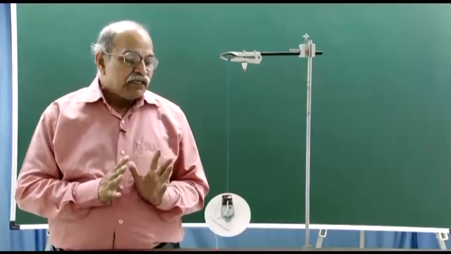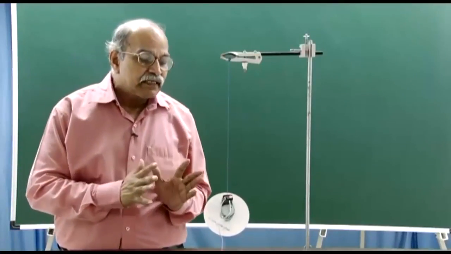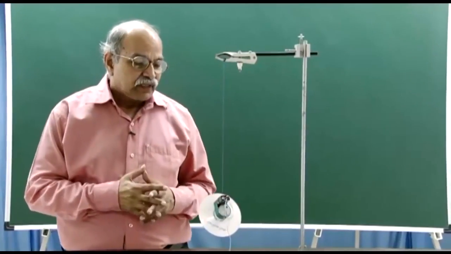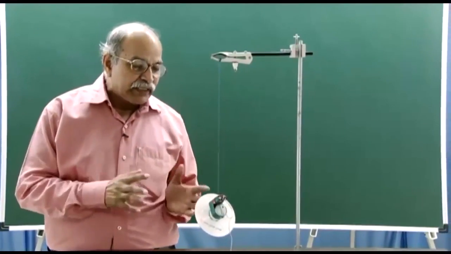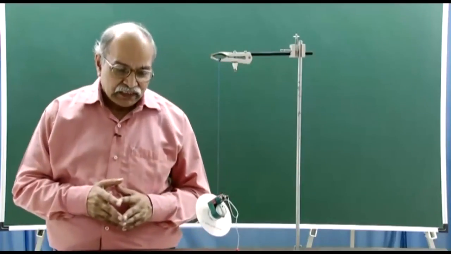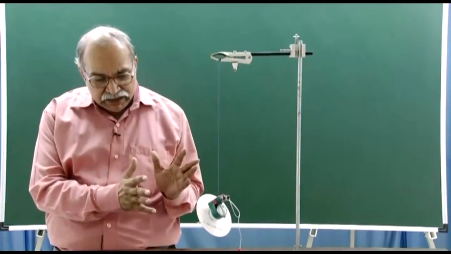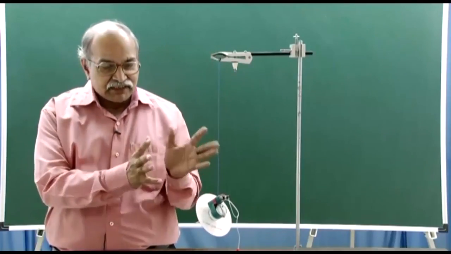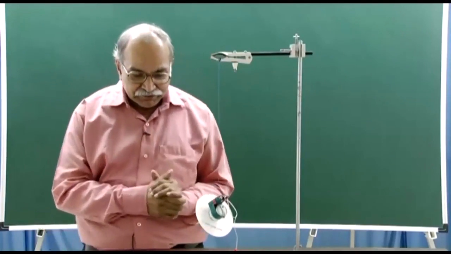Now I am showing you a very interesting demonstration which will show the relation between torque and angular momentum. This experiment is generally done with a cycle wheel. We have done some miniaturization.